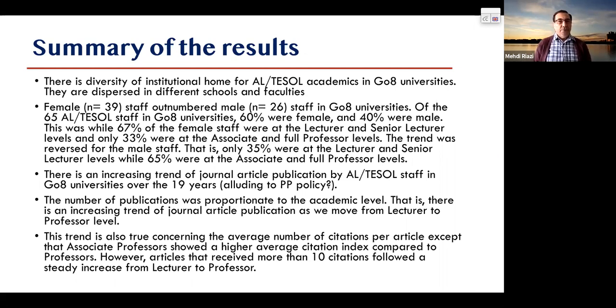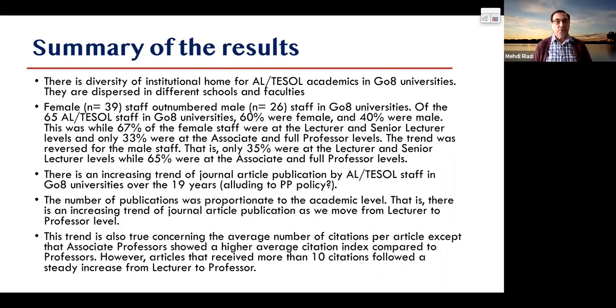The other finding was that there is an increasing trend of journal article publication by Applied Linguistics TESOL staff in the Group of 8 universities over the 19 years, perhaps alluding to the publish or perish policy. And the number of publications was proportionate to the academic level. That is, there is an increasing trend of journal article publication as we move from lecturer to professor level.